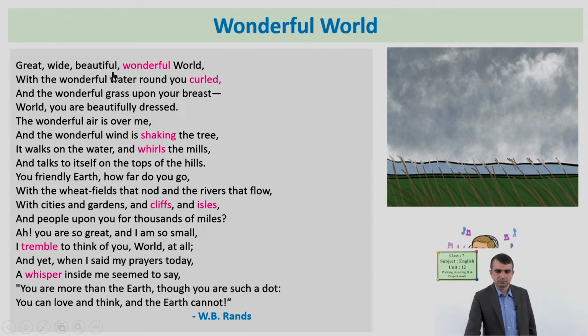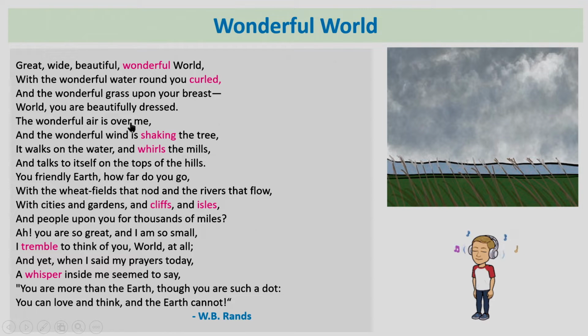Great, wide, beautiful, wonderful world, with the wonderful water around you, girl, and the wonderful grass upon your breast. World, you are beautifully dressed. The wonderful air is over me, and the wonderful wind is shaking the tree.